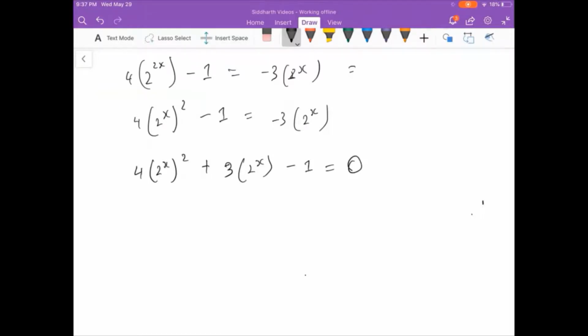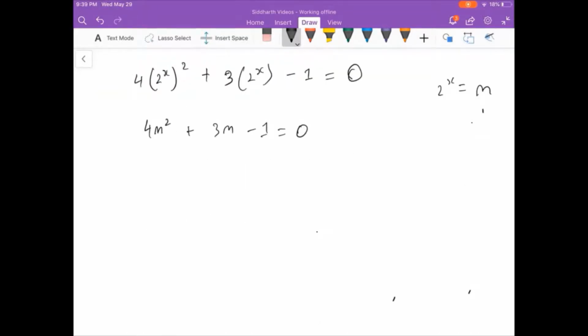Now this looks like a quadratic equation. To make it easier, let 2 to the power of x equal to m. So replacing in the equation, we get 4m squared plus 3m minus 1 equal to 0. Now we will solve the equation using the quadratic formula.